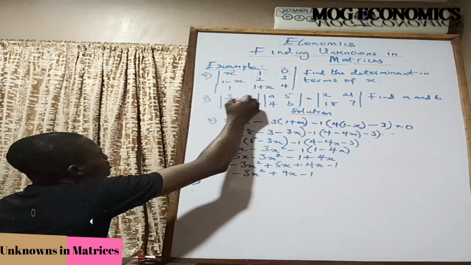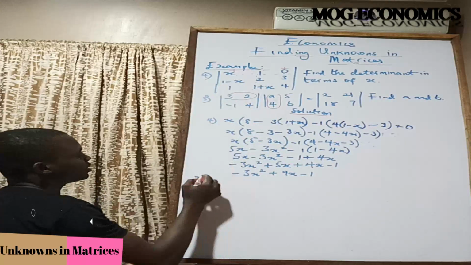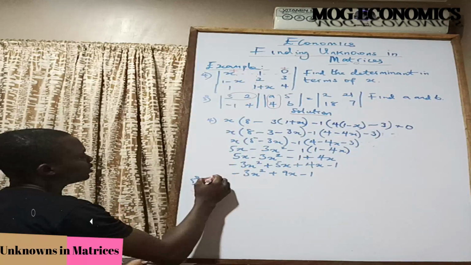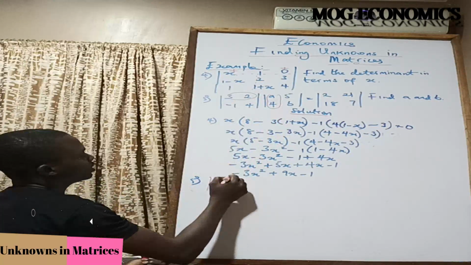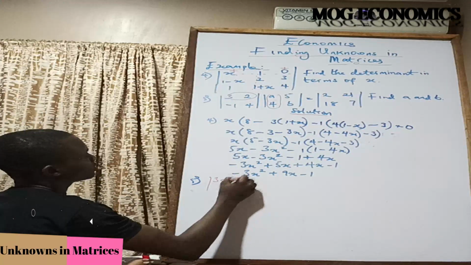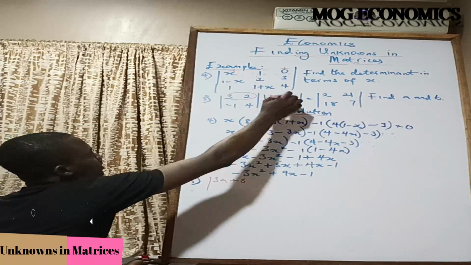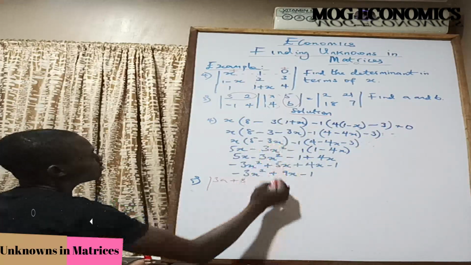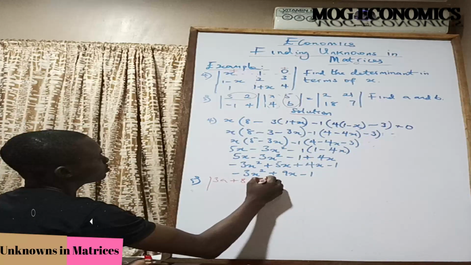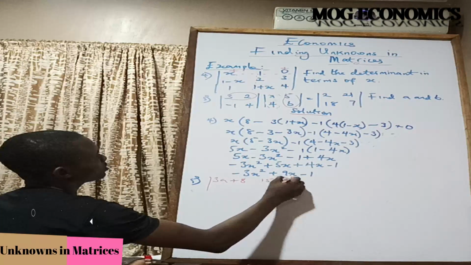So we know this is going to multiply this, right? So 3 times a, we have 3a, then plus 2 times 4 is 8. So when we are done, then that multiplies this. On the other side, 3 times 5 is 15, and then plus 2 times b is 2b.